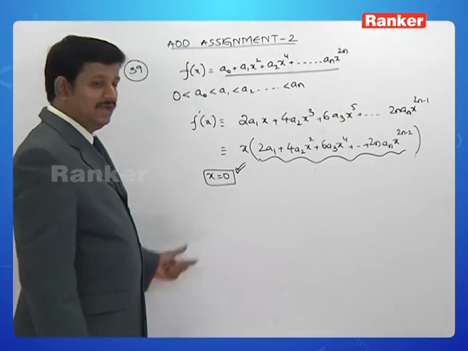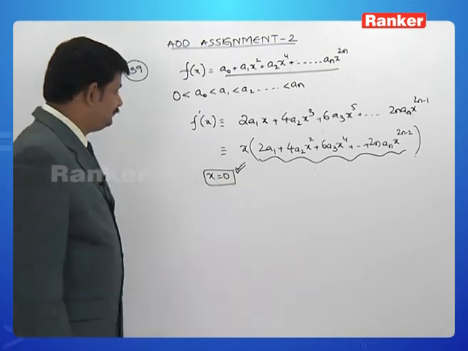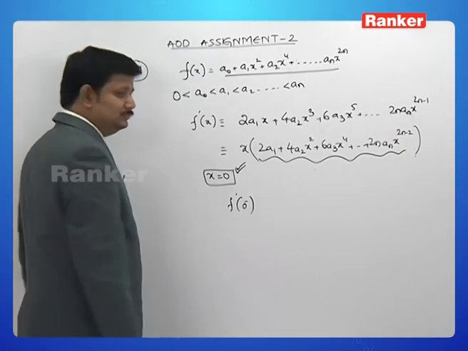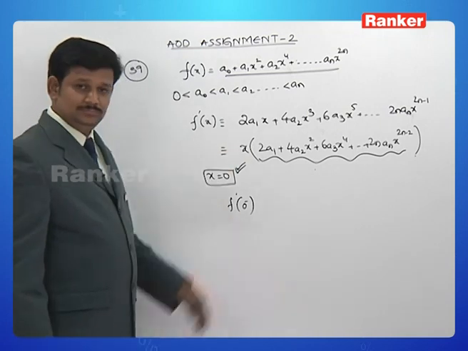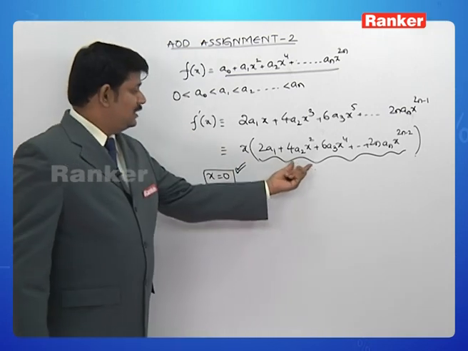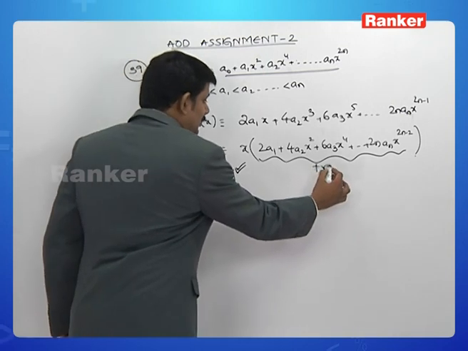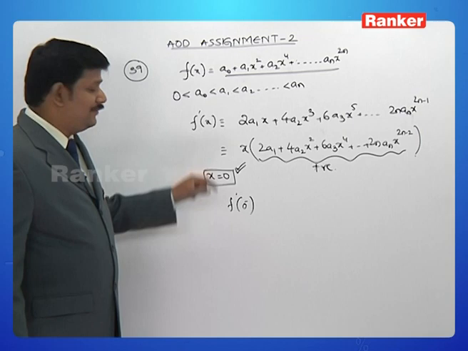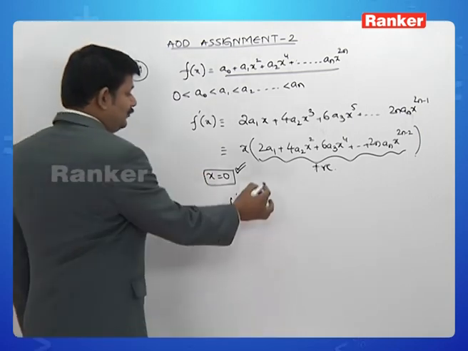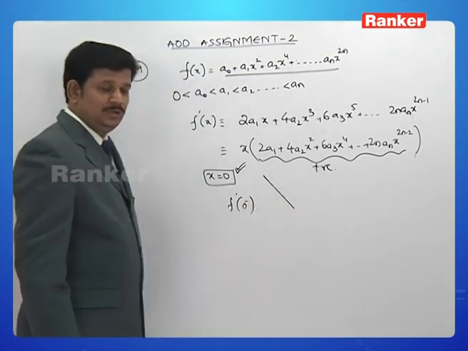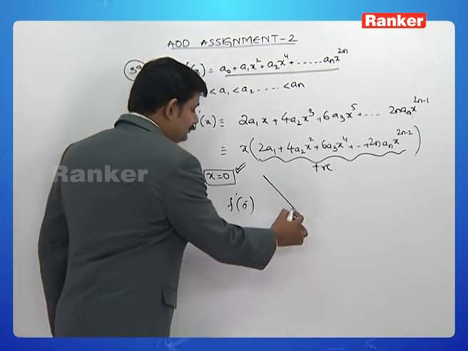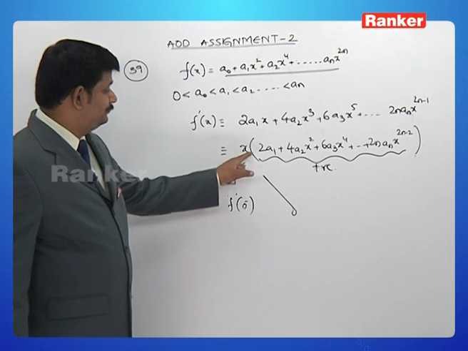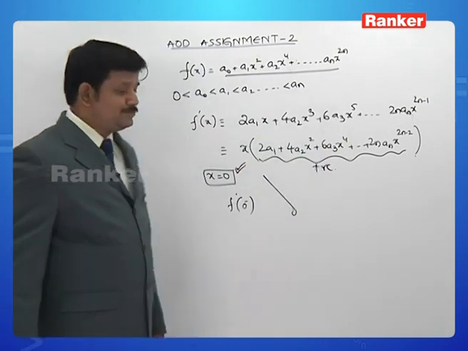And let us see if this is a maxima or a minima. f dash of 0 minus, to the left of 0, this number is positive, x is negative, x is slightly less than 0. So f dash is also negative. So we have a tangent with negative slope to the left of 0, and to the right of 0, x is positive, this number is positive.